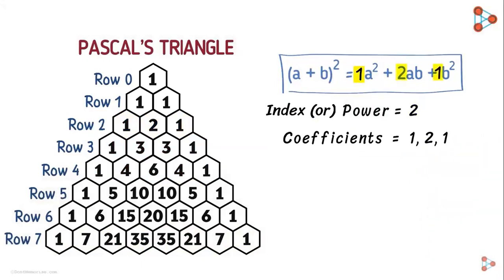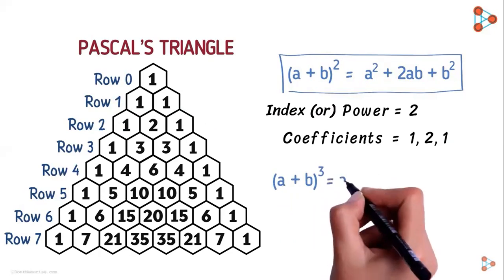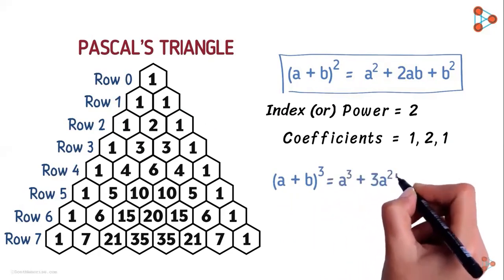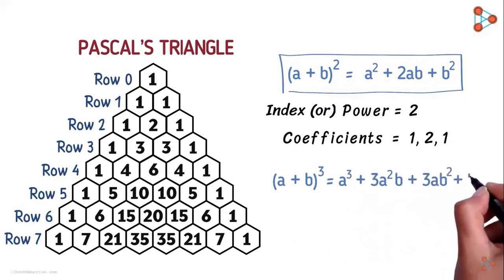Now let's go back and see Pascal's triangle. Can you tell me the numbers in the second row? The numbers in the second row are the same as the coefficients in the expansion with index 2. Now let's try it out with another expansion. Let's consider (a plus b) the whole cubed. And we know its formula, right? Yes, it's a cubed plus 3a squared b plus 3ab squared plus b cubed.